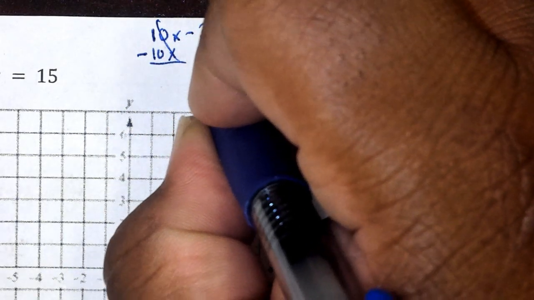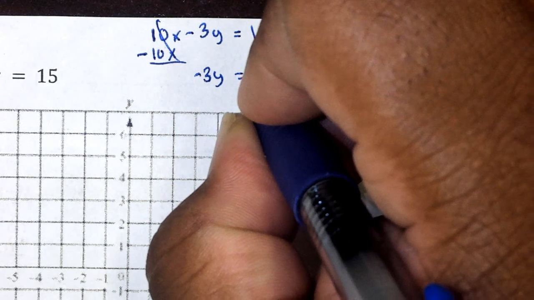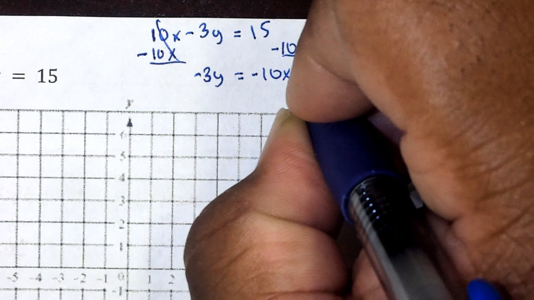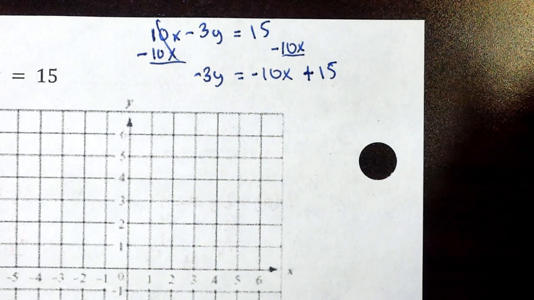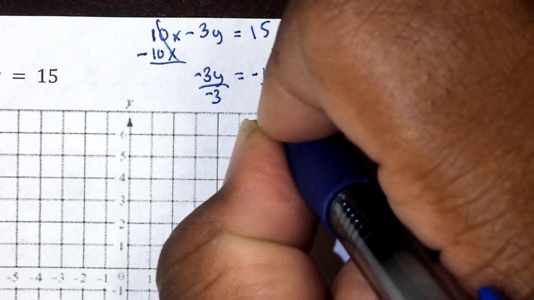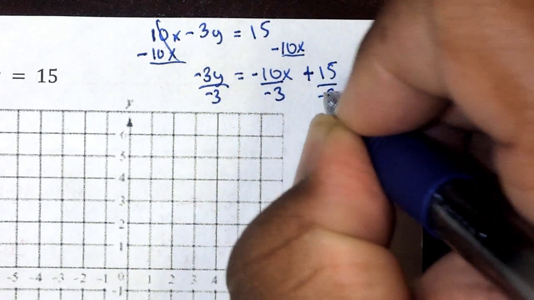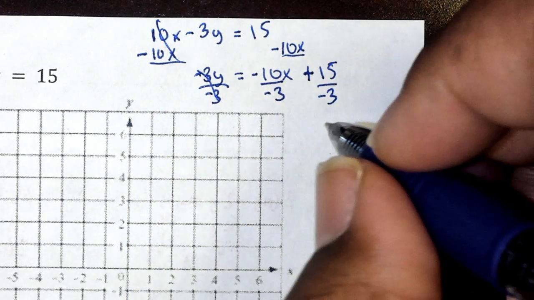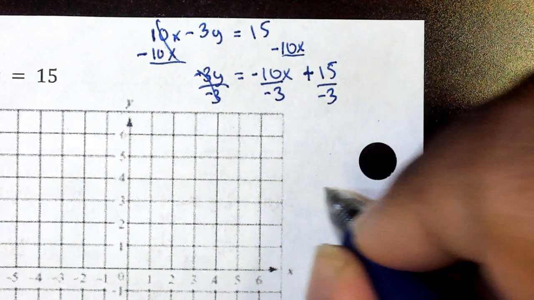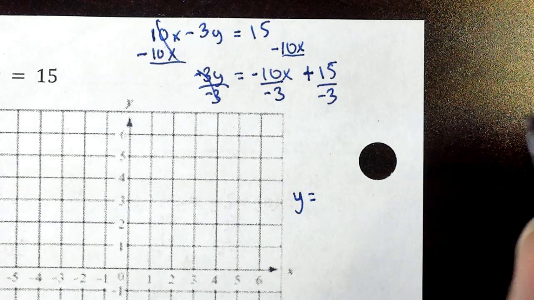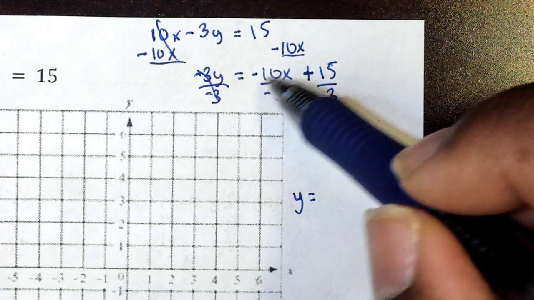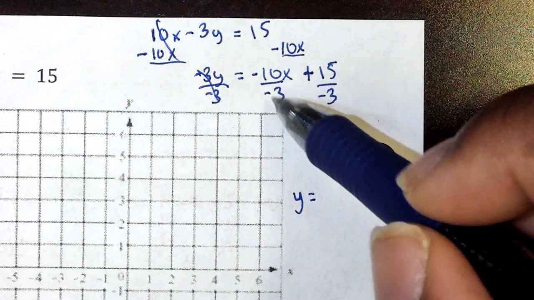Cancels. We write this as negative 3y equals, bring the 10x in front, positive 15, so plus 15. Then divide by negative 3 on both sides. Cancels over there. So y equals negative 10x divided by negative 3.